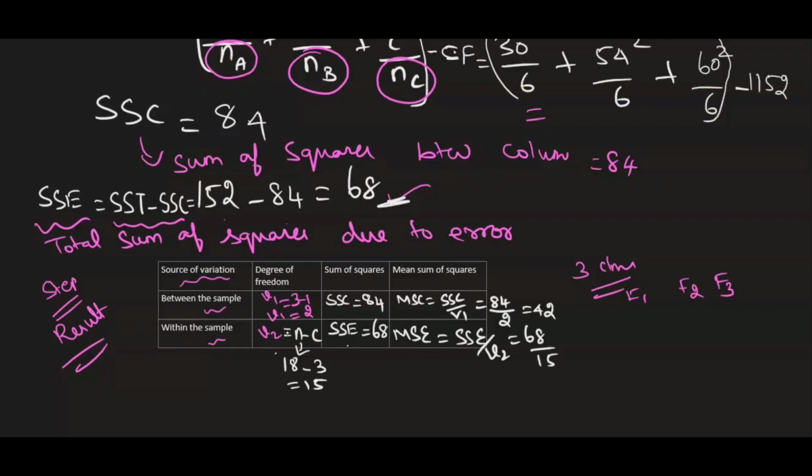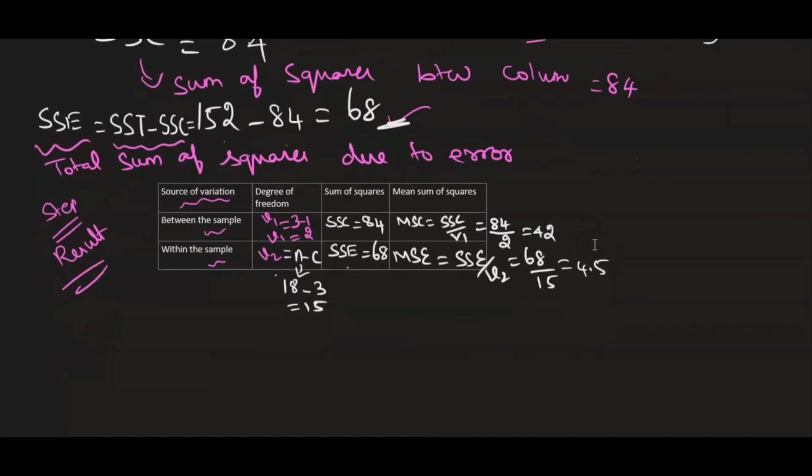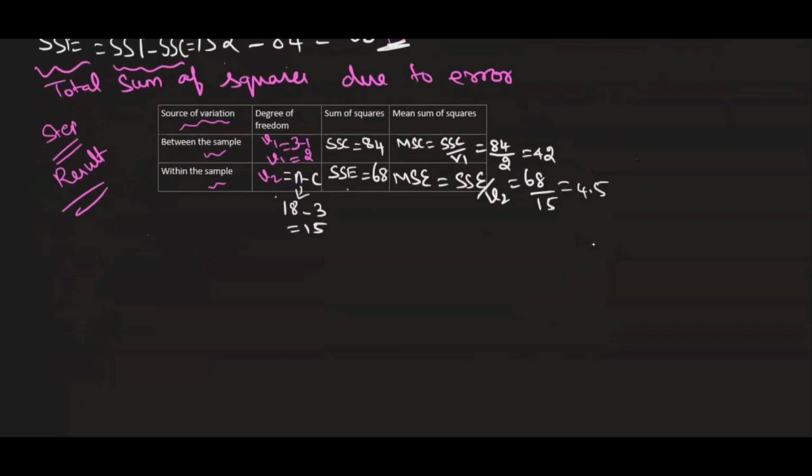If you calculate 68 by 15, we get 4.53. So we will write 4.5. Okay. So now we are going to calculate the final F ratio.